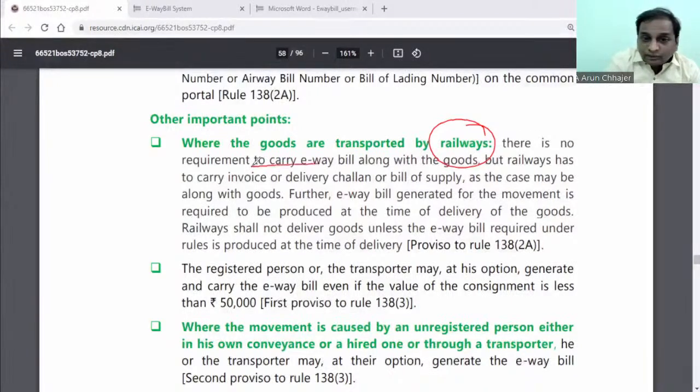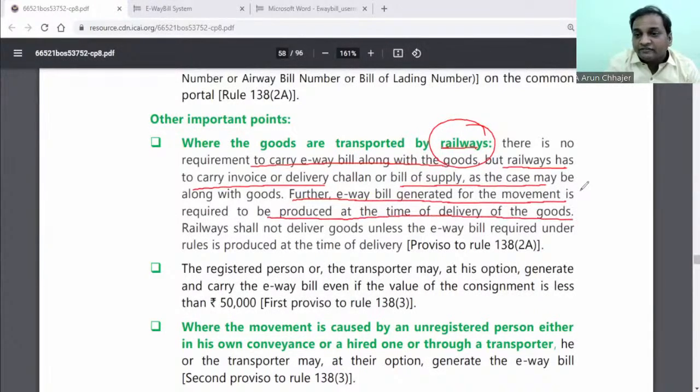There is no requirement to carry the e-way bill along with the goods, but railway has to carry the invoice, delivery challan, or bill of supply, as the case may be. Further, the e-way bill generated for the movement is required to be produced at the time of delivery of the goods. When the railway person is giving the delivery of the goods to you, then you have to furnish the complete e-way bill, part A plus part B both.